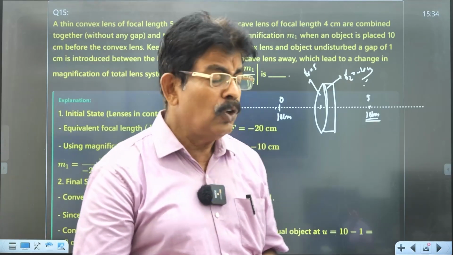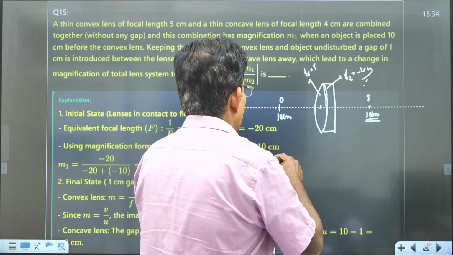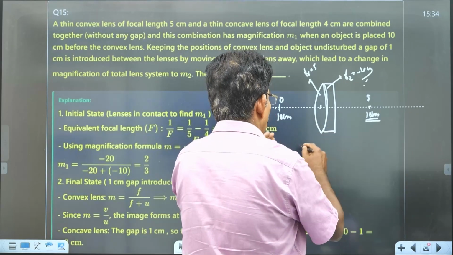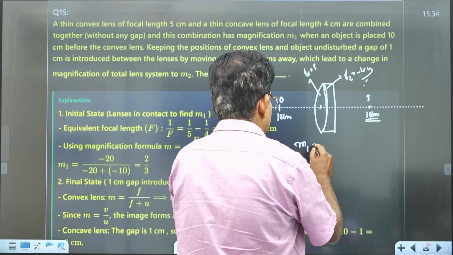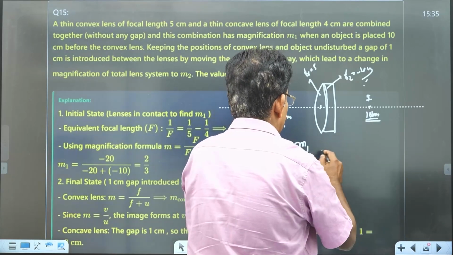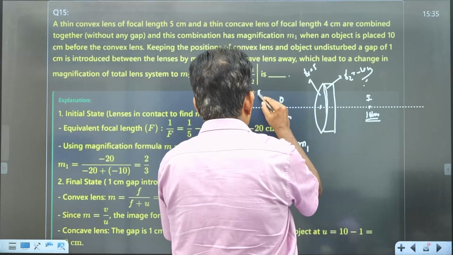I am not calculating the magnification yet. Magnification of the first image, because the object is kept at 2f, the image will be formed at 2f on the other side.